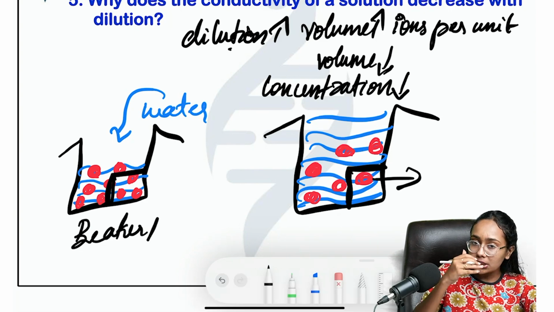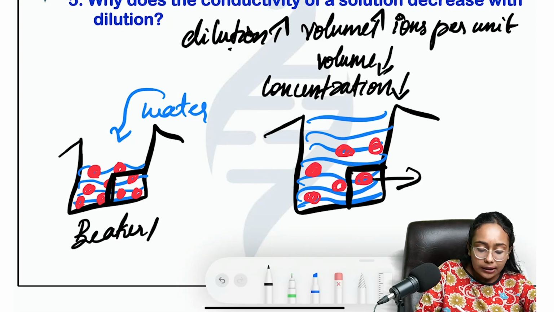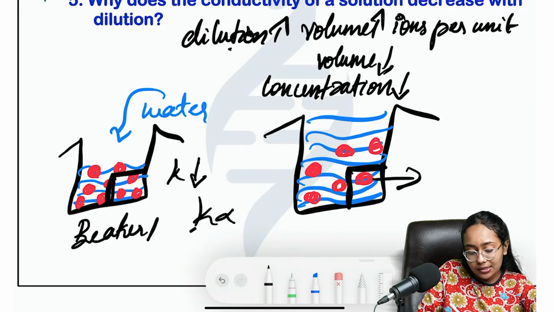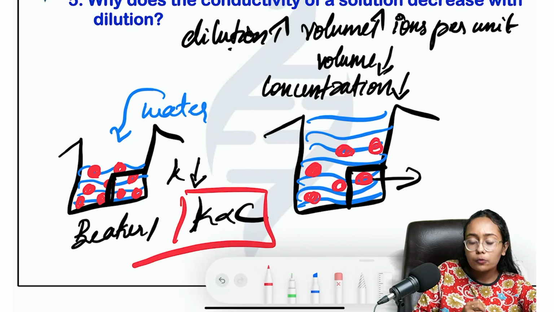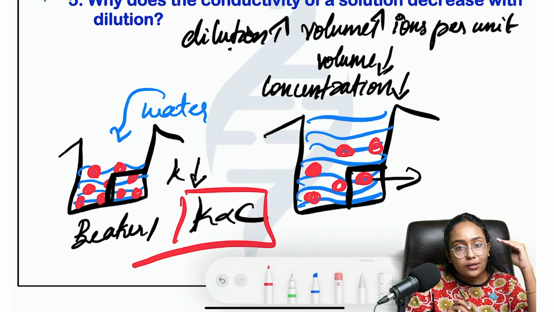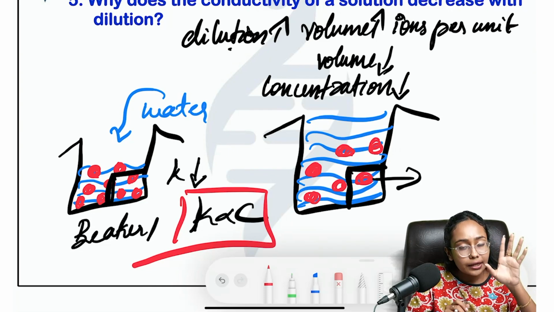So as concentration is decreasing, the conductivity K also decreases, because conductivity is directly proportional to concentration. So as concentration decreases, conductivity decreases.